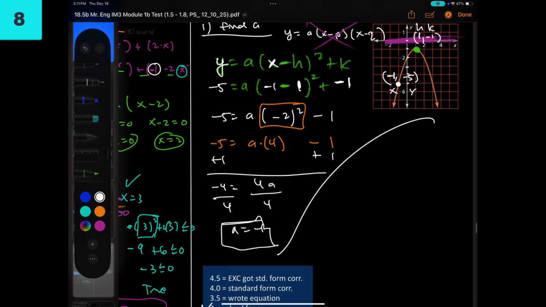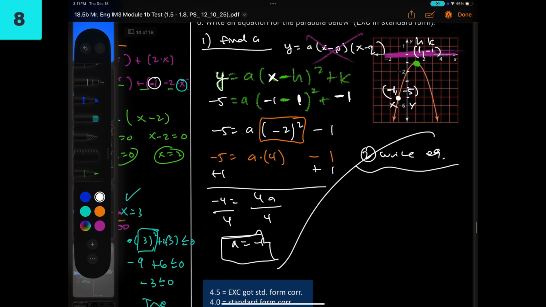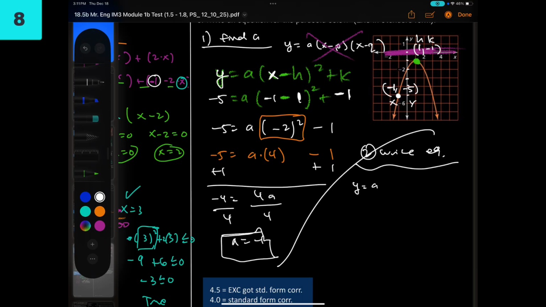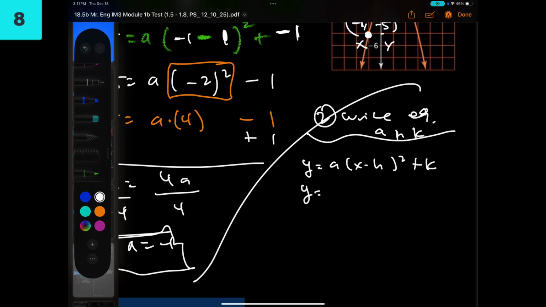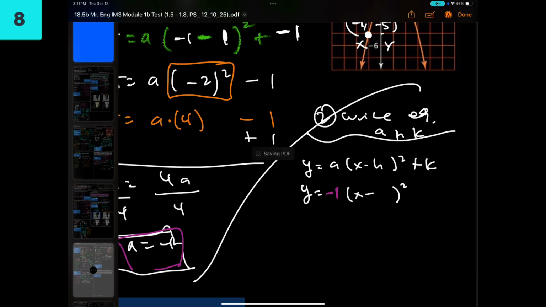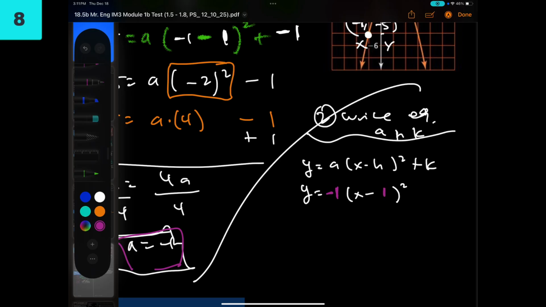Okay, so next you need to write an equation. So you're going to use the same thing. You're going to use y equals a times (x minus h) squared plus k. And this time we're only using a, h, and k to write our equations. That's going to stay the same. Okay, so my a value down here is -1. Your h value is 1, and your k value is -1.